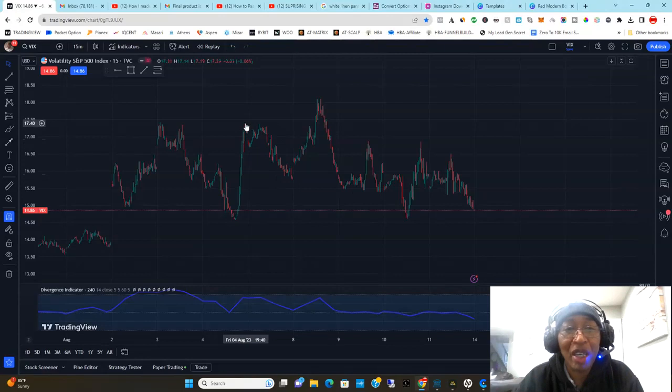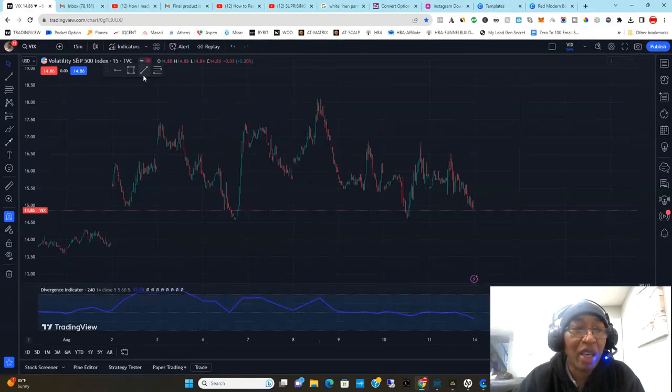For example, if we start our upper line on this point right here, where you can see my mouse, then the lower line has to come after the upper line. So it has to be somewhere maybe here or here. And we always go for the higher points, okay? So the upper line must touch at least 2 points on the chart. The same thing with the lower line, at least 2 points on the chart. And mostly these are usually the high points.